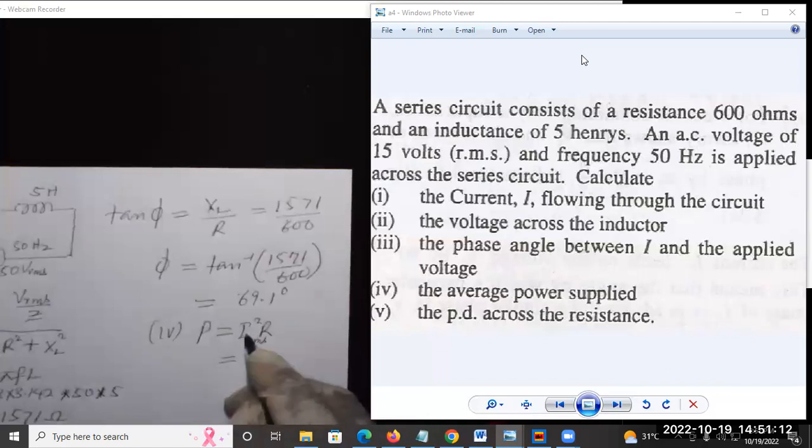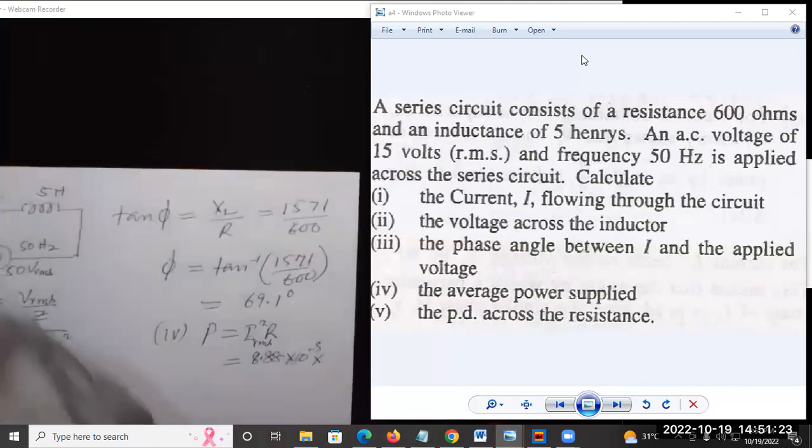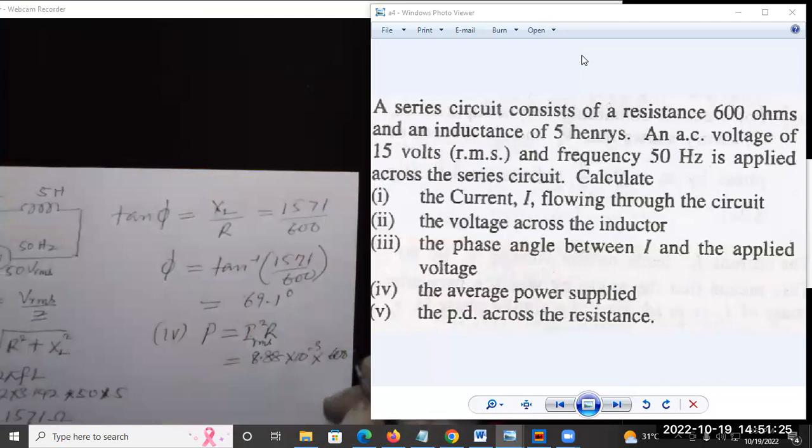We calculated the current to be 8.88 times 10 raised to the power minus 3. The resistance of the circuit is 600. If we multiply that using a calculator, we'll have the average power to be 4.73 times 10 raised to the power minus 2 watts.